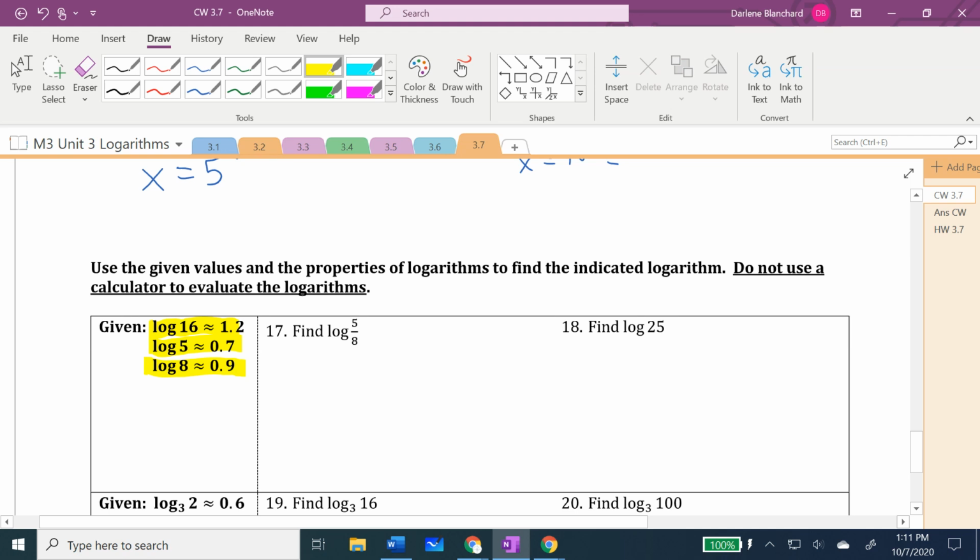I want you to also keep in mind every single time you do one of these problems that you additionally have extras. What is the log of 1 always equal to no matter what base you have?